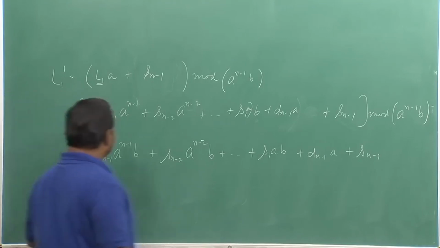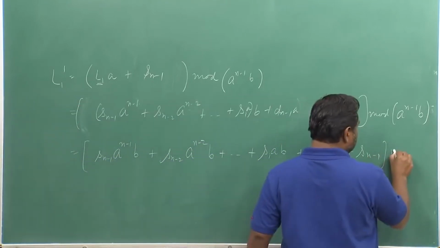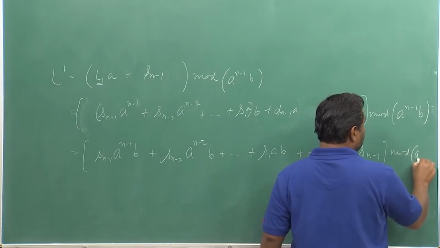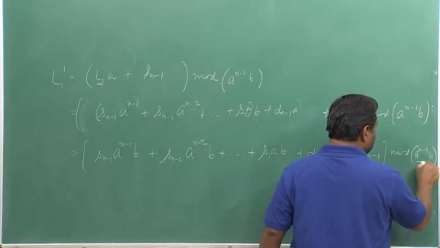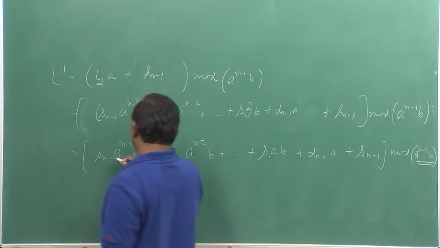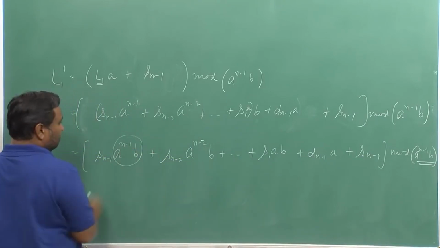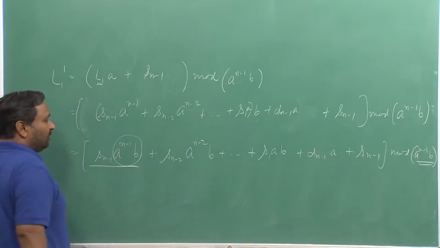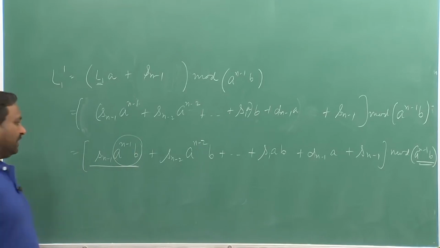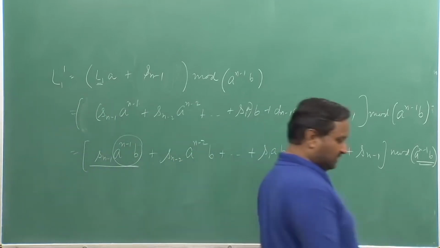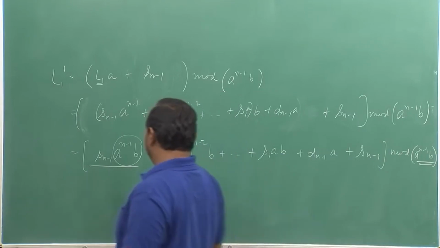Now, since I am doing a modulo operation of A raised power n minus 1 B, this term, when doing the modulo operation, will be out actually. So, I can neglect this, I can remove this, it will not be of any consequence.